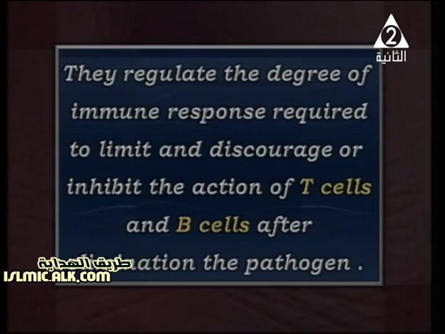So we need here a kind of manager, or some type of activation to give us a limited attacking. And this limiting of the attacking, or this regulation, happens by this type of T cells.